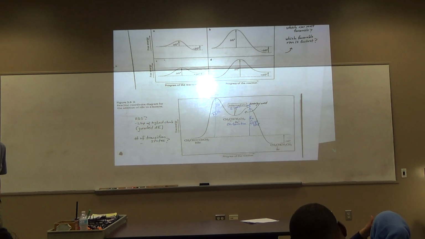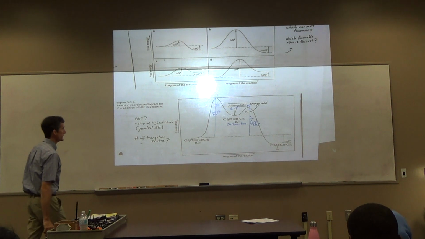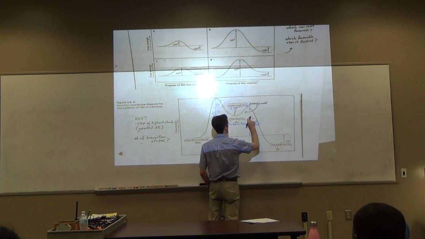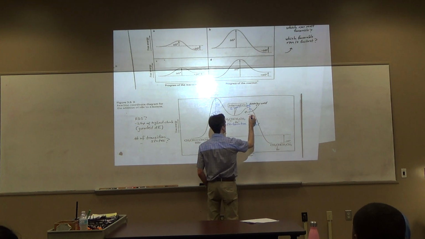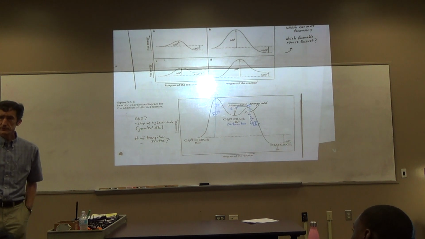Going from the intermediate to the second transition state, would the activation energy still be from the bottom line or from the intermediate one? That's a good question. Actually, I've thought that before.